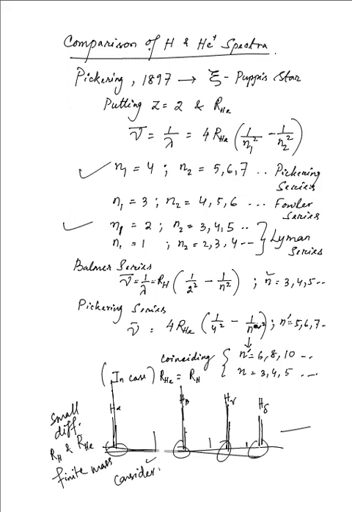So the finite mass of the nucleus does play a role in giving us these kinds of results, and they hold good with all these experimental values that were obtained.